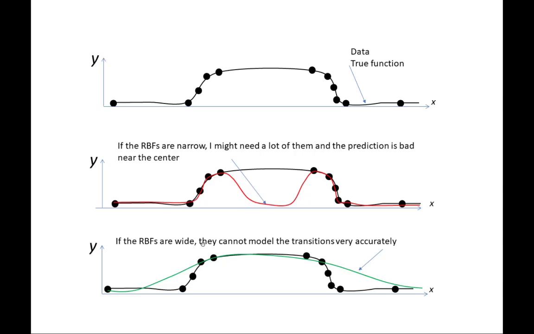If you take RBFs which have a wide S parameter, then you might get the overall trend nicely, like this green curve, but then you are missing out these sharp transitions. So this is this dilemma with the curse of dimensionality.